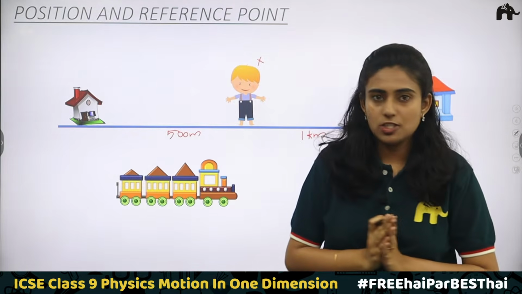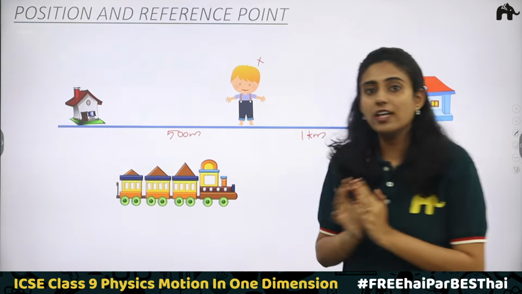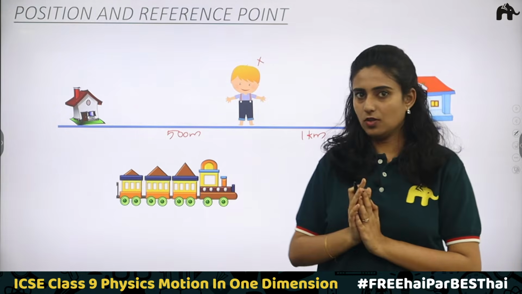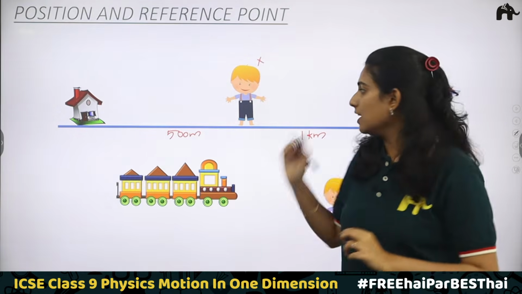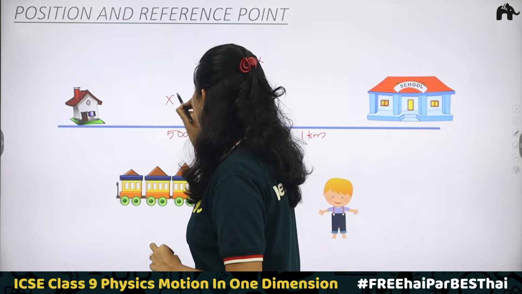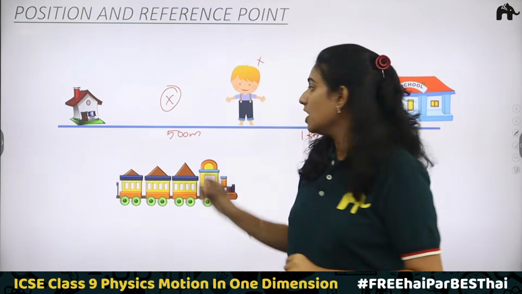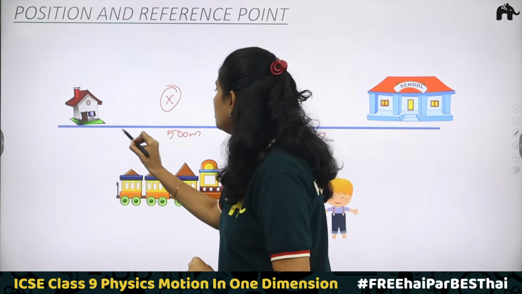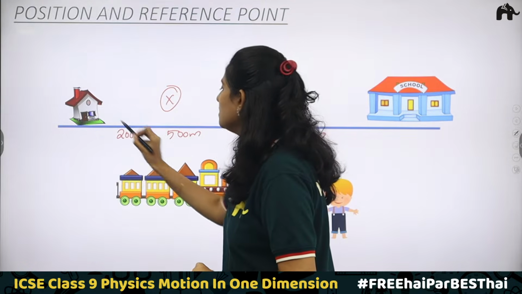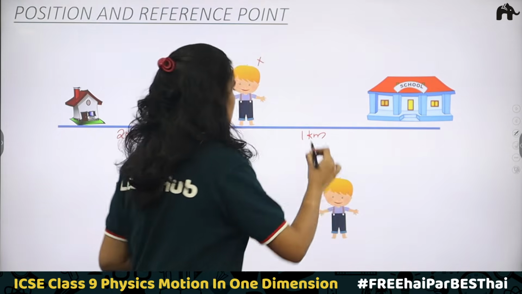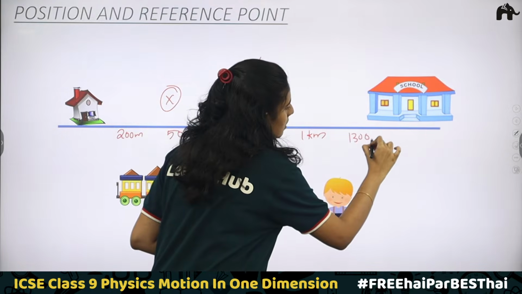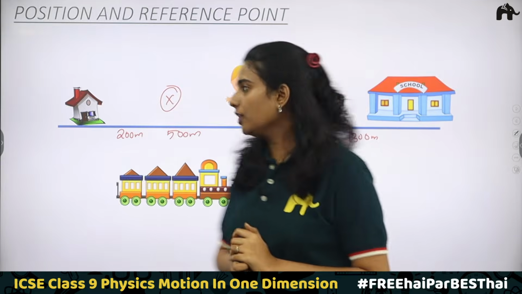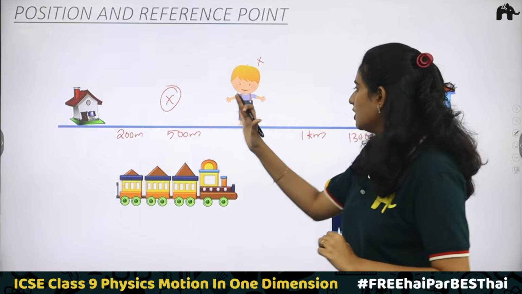Now, what about the position? Position means it is a point where the body is, the body which is moving. So, here initially let's say X was at this position. So we will say that X is at a distance of 200 meter from his home and 1300 meter from his school. Now he changes his position, reaches here.